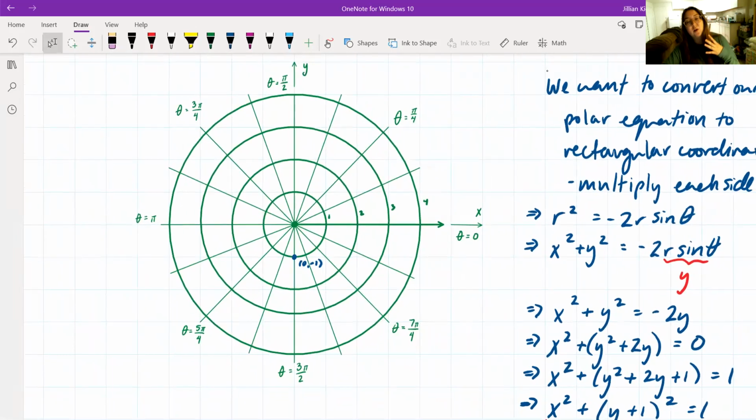And remember, this is our center, and our radius is 1. So this means that in order to draw our circle, the edges of our circle would be 1 up and 1 down. And now we just want to draw our circle as accurately as possible. So let's move our point out of the way here, move it over here.